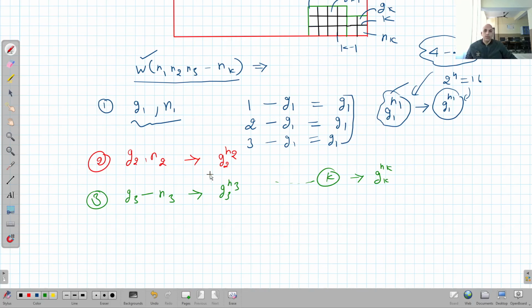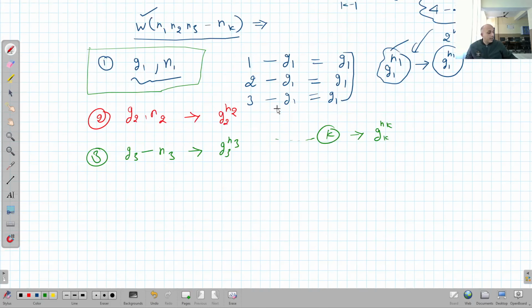Now this is one thing. Now again come back to the first compartment. Clear? Again come back to the first compartment. In case of first compartment, I have found the total number of ways of distributing N1 particles in G1 cells is equal to G1 power N1. But here there is one more twist.